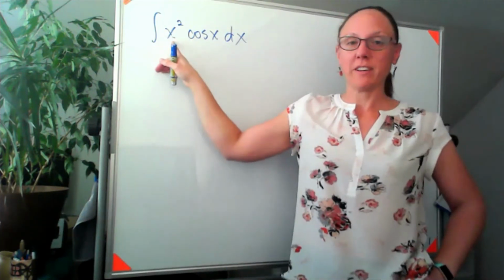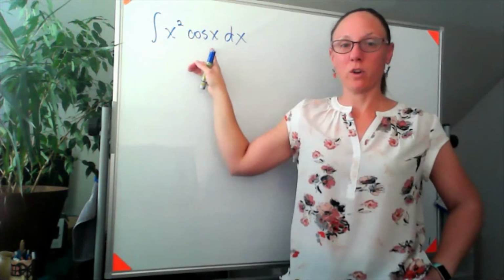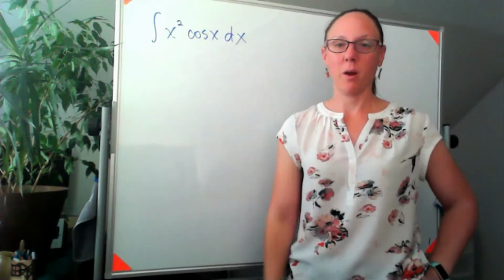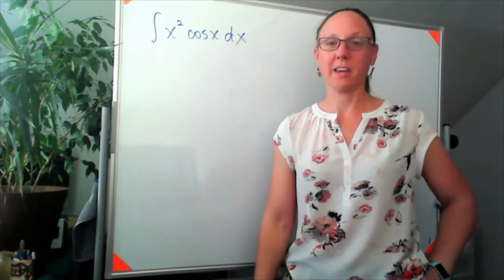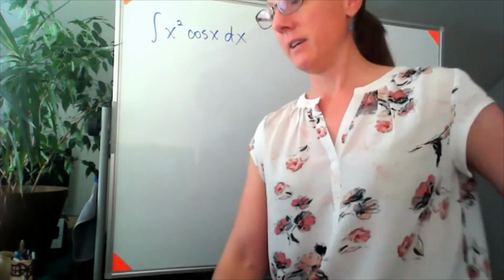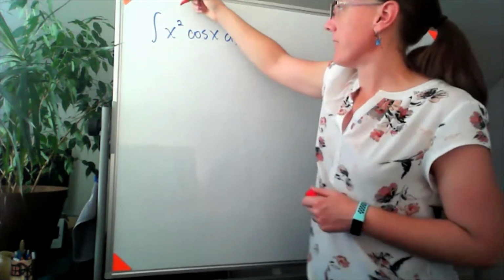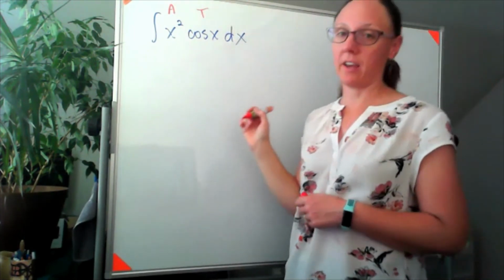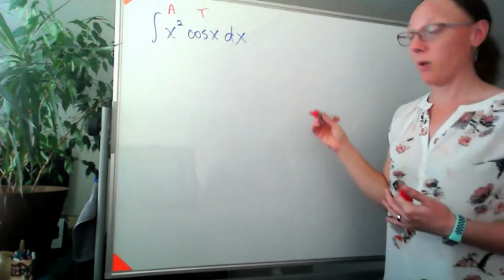Well, the derivative of x squared is 2x, and the derivative of cosine is negative sine. So neither of their derivatives are in the problem. It must be integration by parts. Since I've got a mixture of algebra and trig, again, I'm thinking about late.